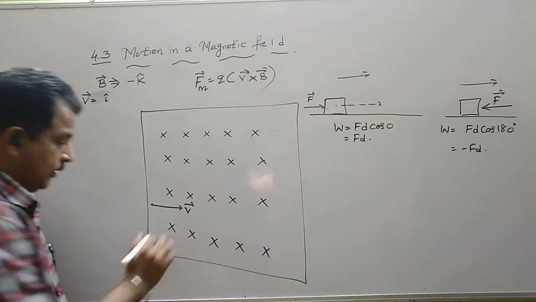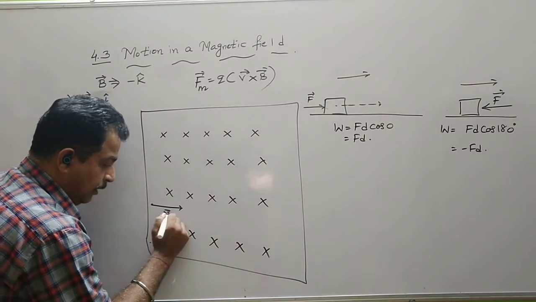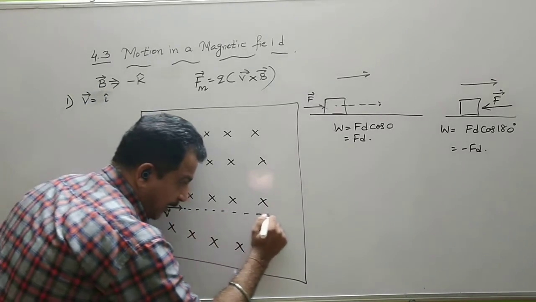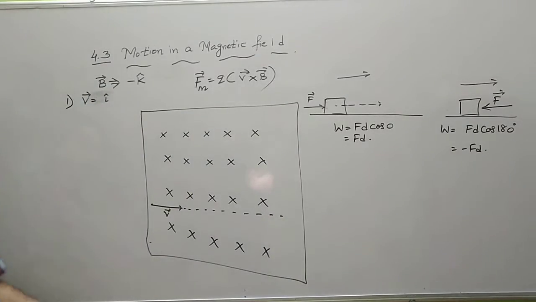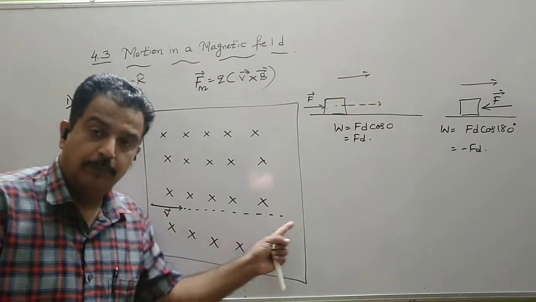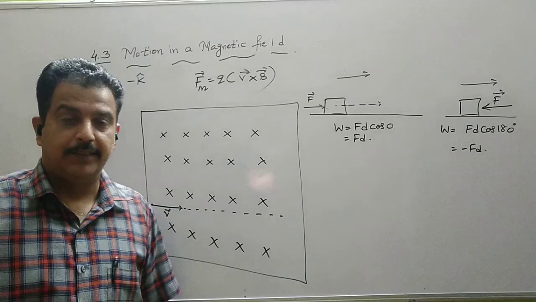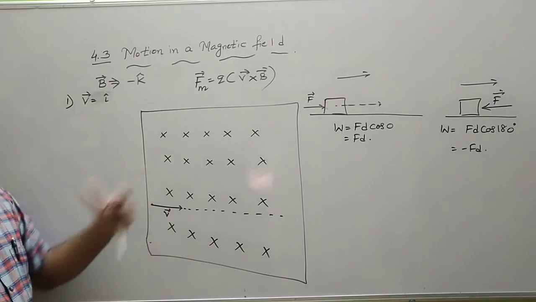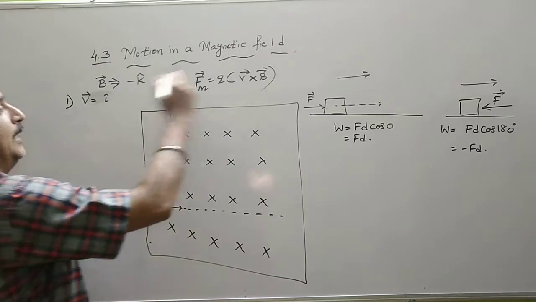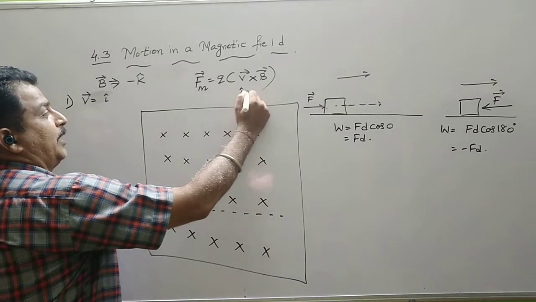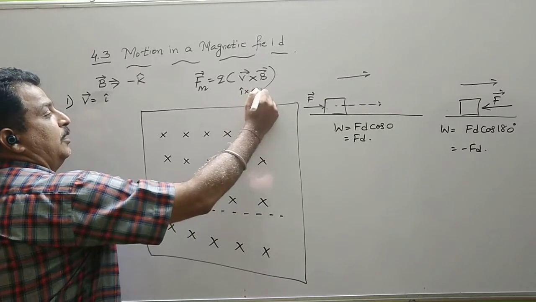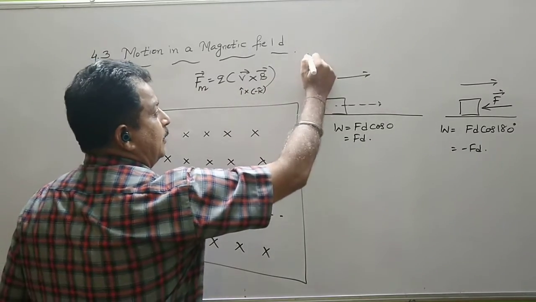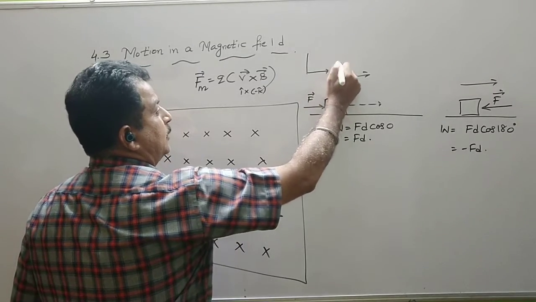So this is its original path of motion. If the magnetic field is not present, the particle should move in a straight line. But because the magnetic field is present, I apply this law, so it becomes i cross minus k. Let us draw the direction.